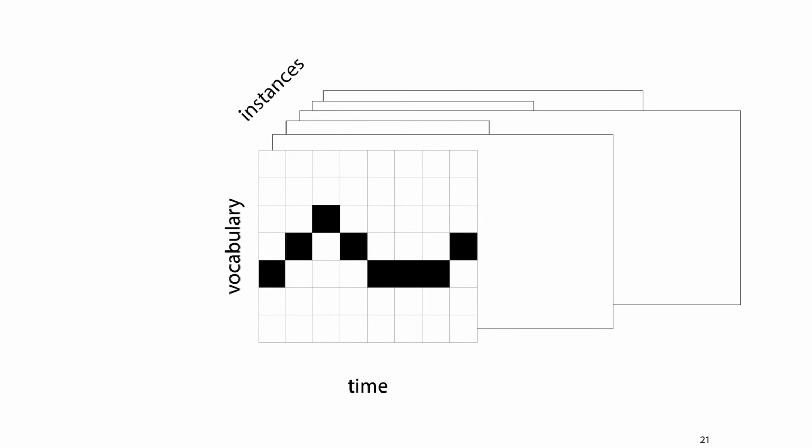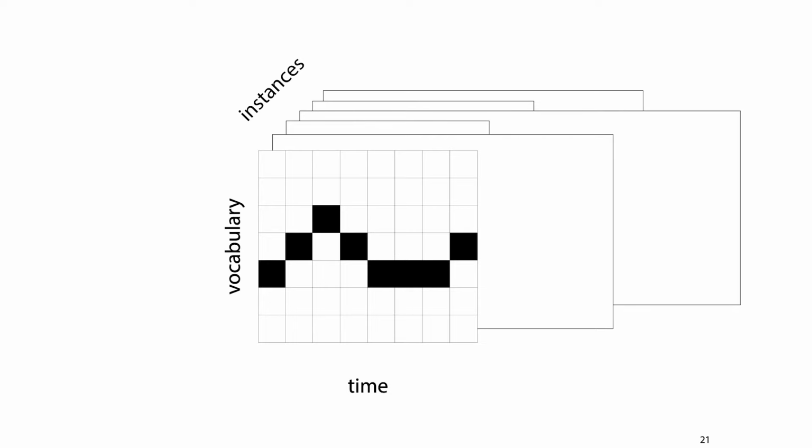And quite often these are vastly different lengths. So in most cases, it's not practical to represent the whole dataset as one tensor. In general, it's more likely that we will keep the dataset as a set of matrices like this, all of which have different horizontal dimensions.